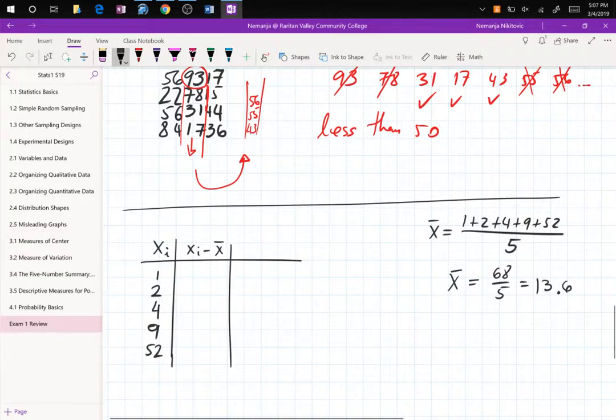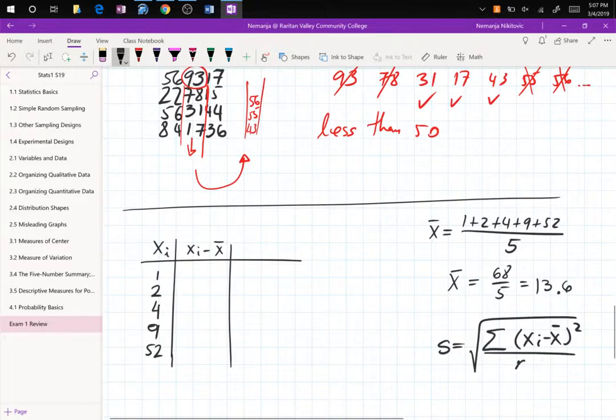If you don't recall the formula, your sample standard deviation is the sum of all xi minus x bar squared, divided by n minus 1. So we are creating first the parentheses.